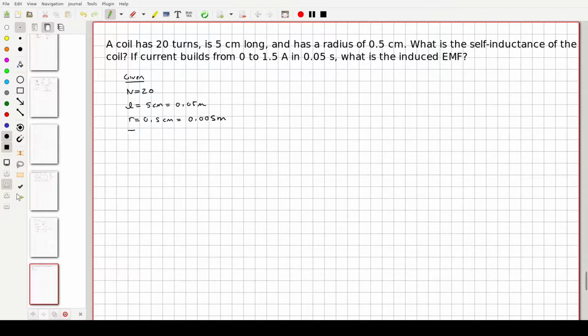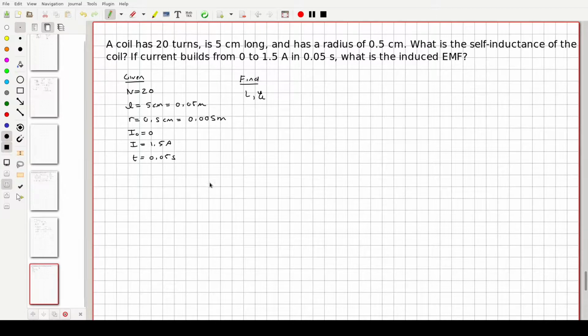We're given an initial current of 0, a final current of 1.5 amps, and an elapsed time of 0.05 seconds. And what we want to find here is the self-inductance and also the induced EMF. Okay.